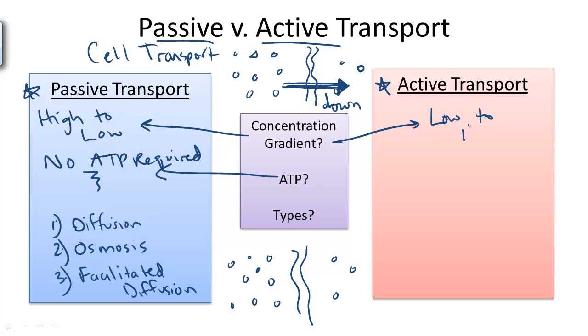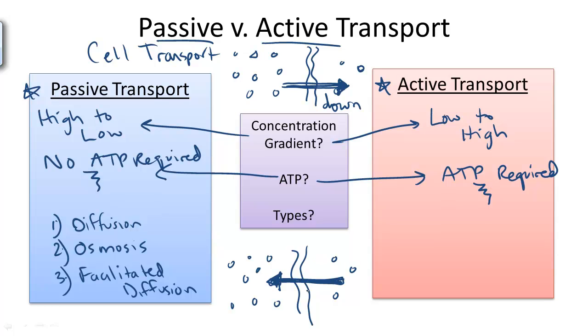So we're going to move substances from a low to a high solute concentration. Or, in this picture, these substances, whatever they are, glucose, let's say, are going to move from low to high. And is ATP required to move anything from low to high? Yes, absolutely. So ATP is required, or energy.